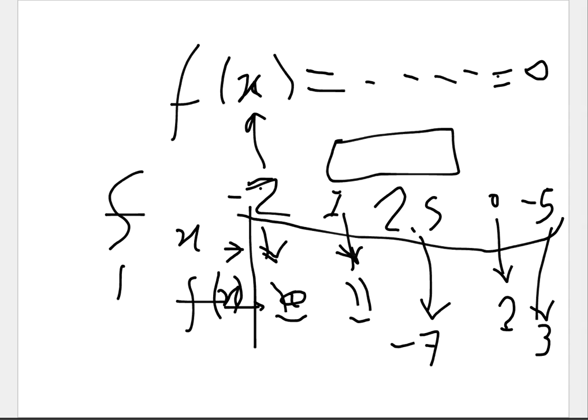For example, f of 2.5 is -7. f of 0 is 2, for example. It is an example. And f of -5 is 3. These are the fitness of these values.